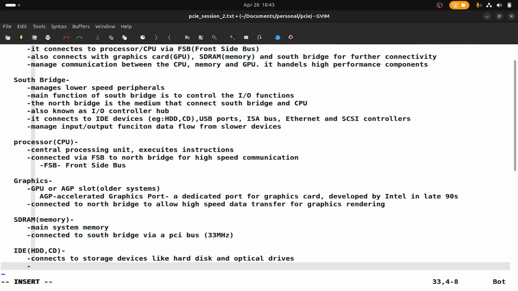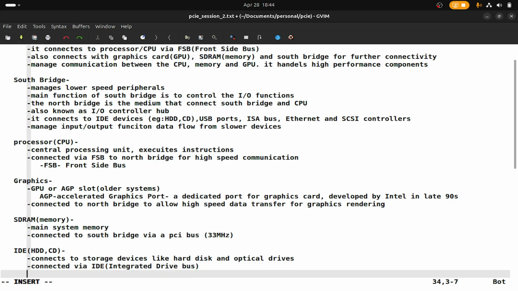Next point, connected via, again, IDE. IDE stands for integrated drive electronics, to drive some data only.